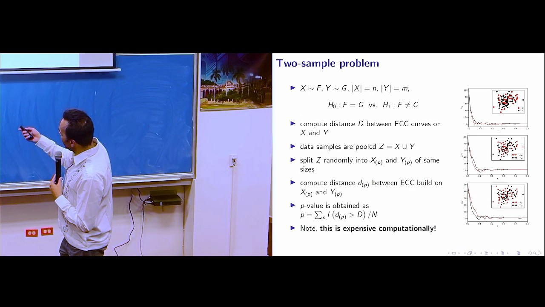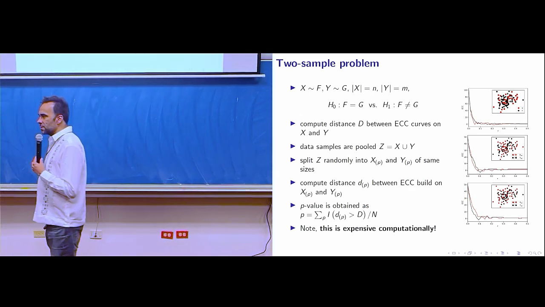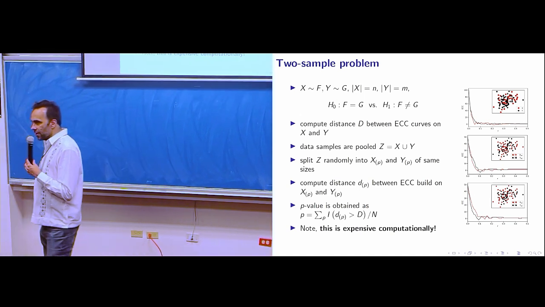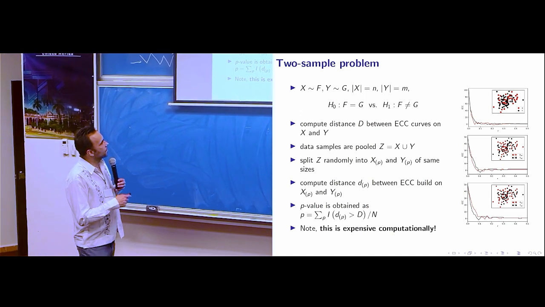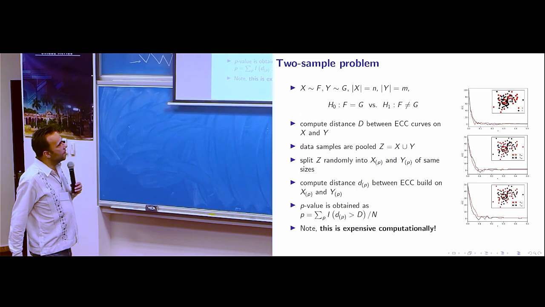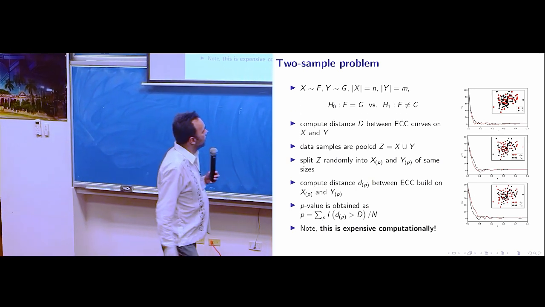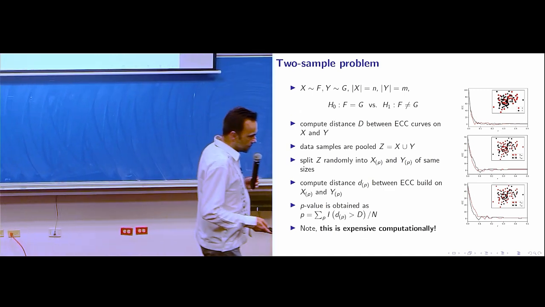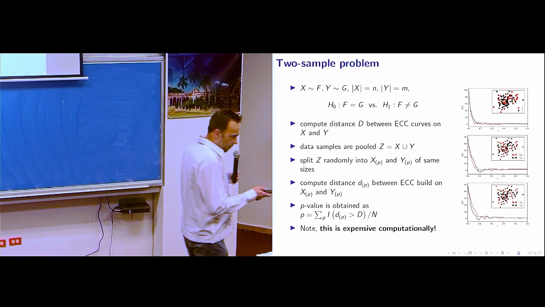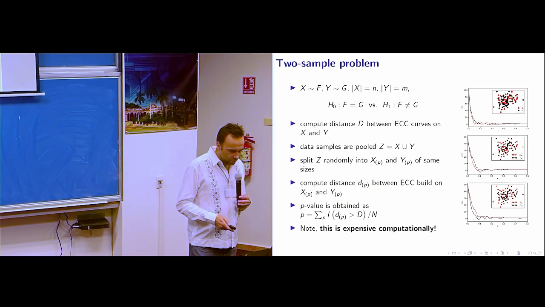Then we check how often after we reshuffle we get a larger or smaller distance. So we are doing standard, very expensive permutation tests, but it's also kind of helpful. I'll show one example from a spatial statistics, and it also has a reasonable power, so I'll get to this in a second. So this approach is good for both one and two sample problems.